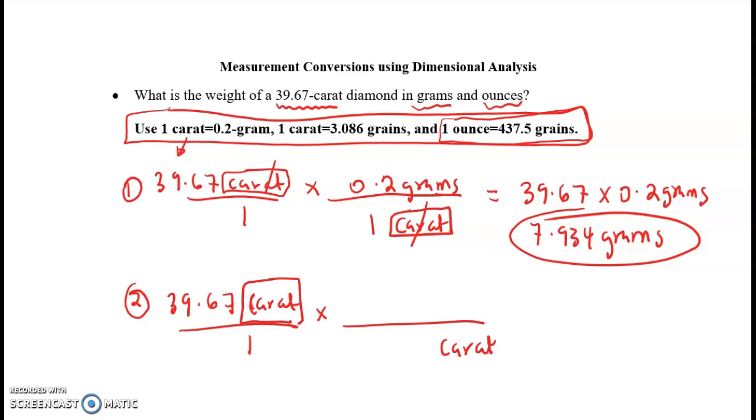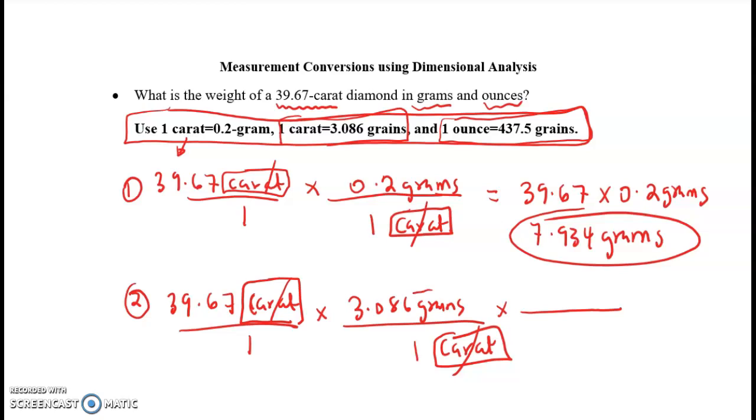First we're going to use the second identity ratio, which will help us move from carat to grains. So the 1 carat will be at the bottom, and your 3.086 grains will be at the top. Now that we are in grains, we can easily convert to ounce by using the last identity ratio.